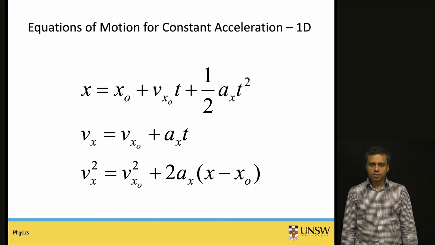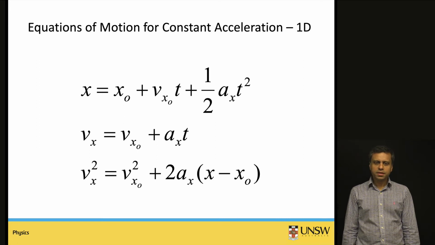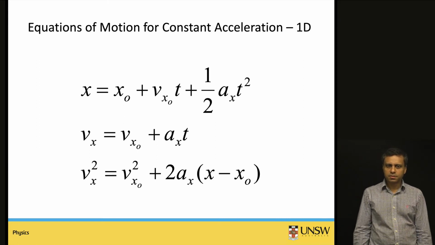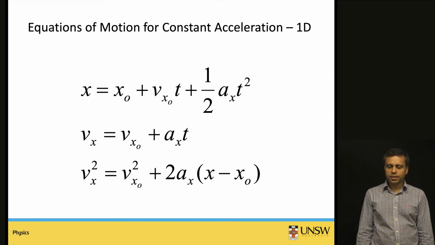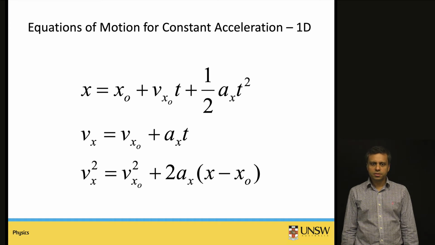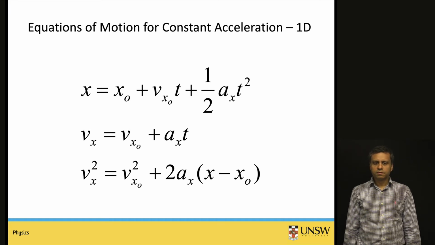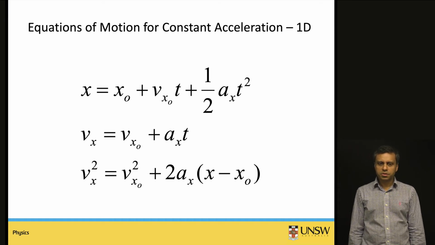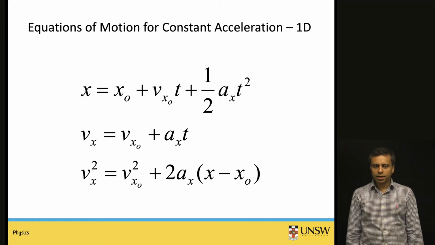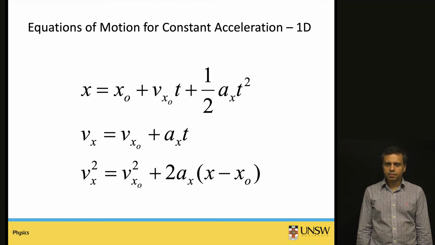So this case of motion, the 1D motion, is primarily given by 3 equations, and you see the 3 equations here in the slide. We assume that it is 1D motion, and we assume that the acceleration is constant. So the first equation gives you the position of the particle, assuming that the particle starts at an initial position x naught.